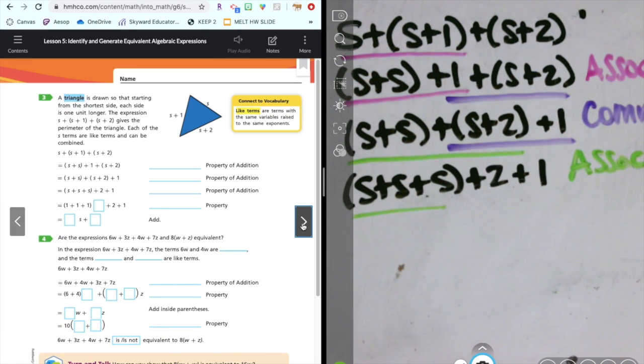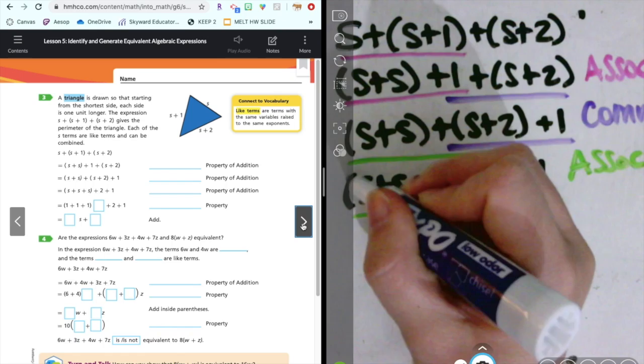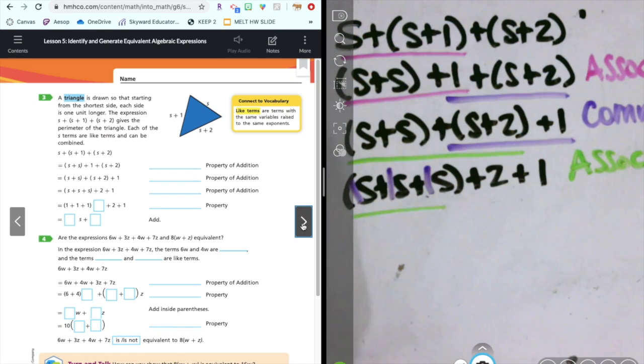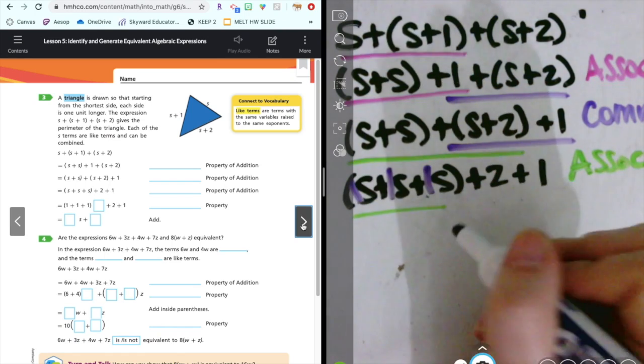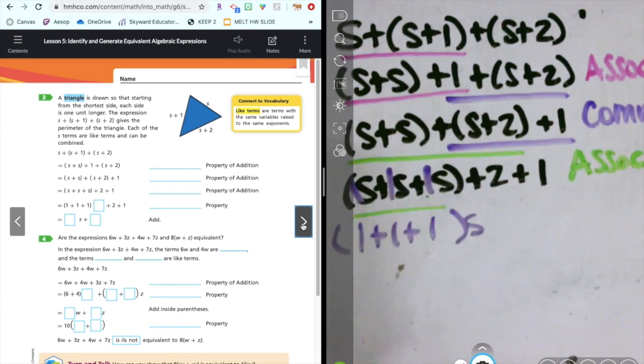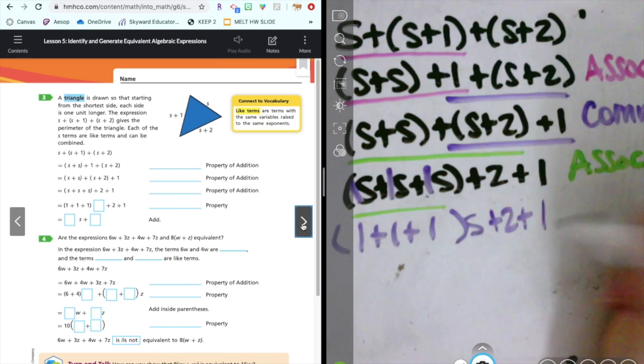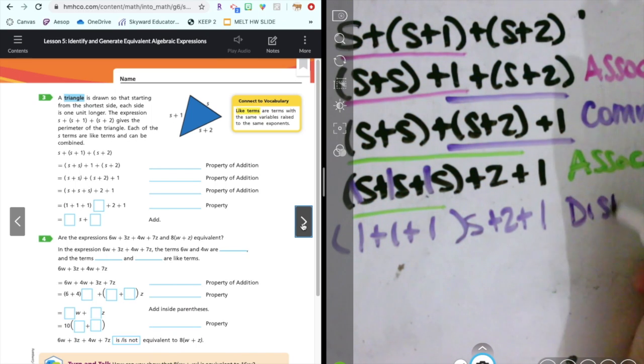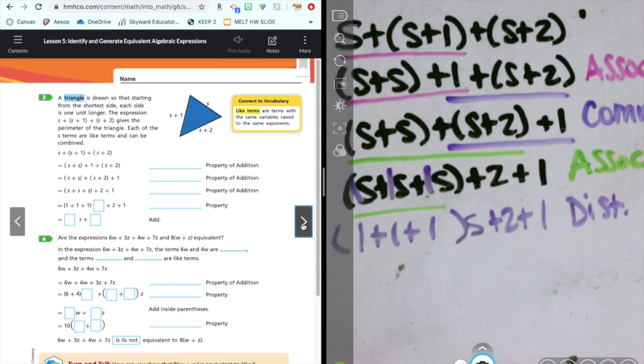All right, and then the last one, they said, ooh, look at this. All of these actually have a coefficient of 1. And so we can take out that s and put the coefficients in the parentheses. So that's the distributive property. Okay.